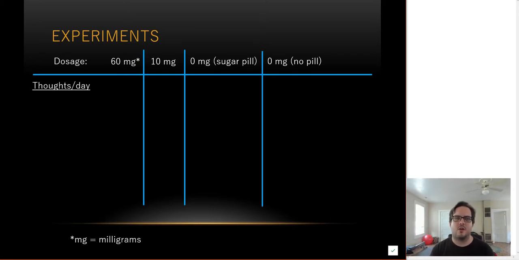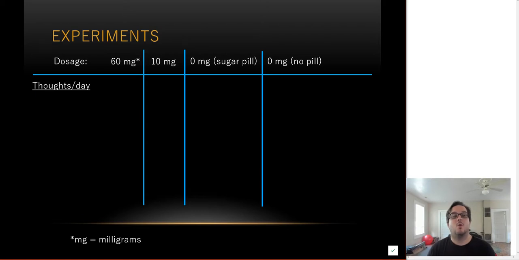So what these are right here are the experimental and control groups. These are two terms you'll need to know. The experimental groups are the 60 milligrams and the 10 milligrams. In an experimental group, that is the group of participants that you are going to give the intervention to. In this case, we think that Paxil is going to cause a change in self-defeating thoughts.